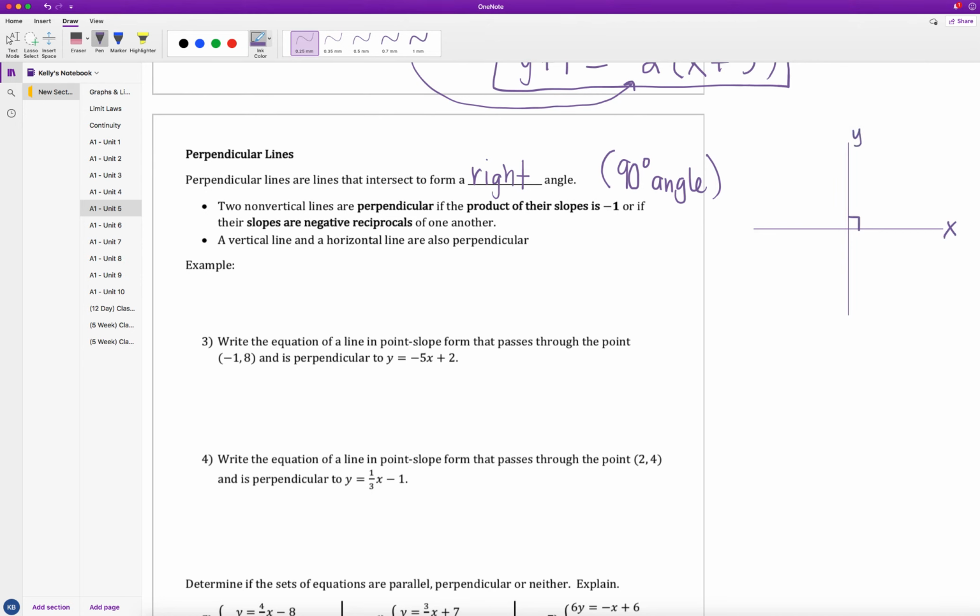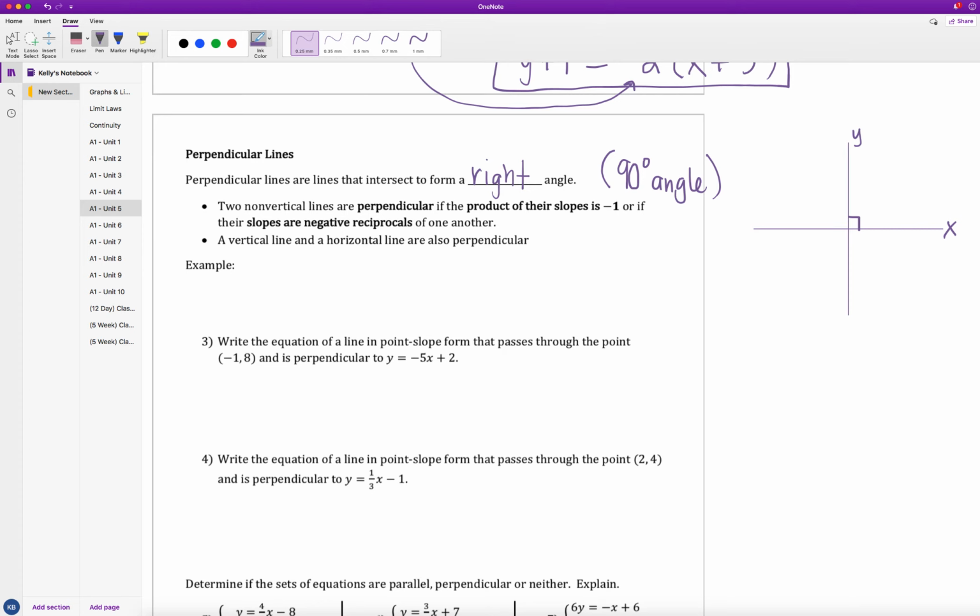So this right here is a 90-degree or a right angle. So one example of perpendicular lines that you guys have seen for a while now is in a coordinate plane, the x and the y axis intersect and form perpendicular lines.